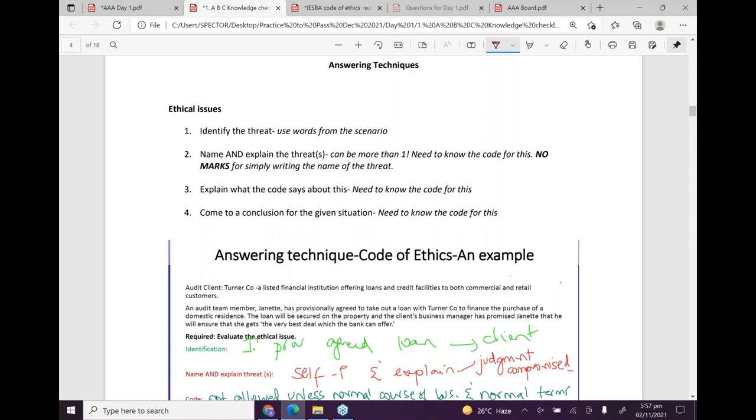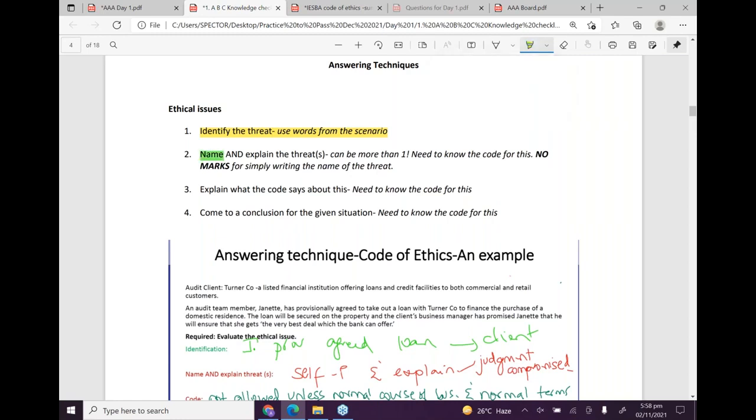She says, always start off by identifying the threats by using words from the scenario. Most of you would write, this is a self-interest threat. And the marker will say, this is the 0, because I have no idea what you're talking about. You need to give me a heading or at least one word. At least tell me which issue you're going to be talking about. And then my marks start.